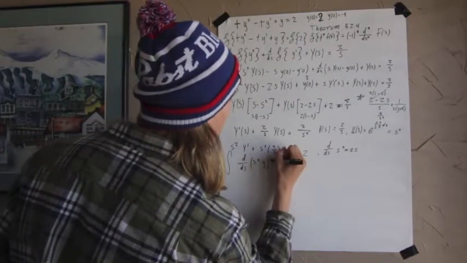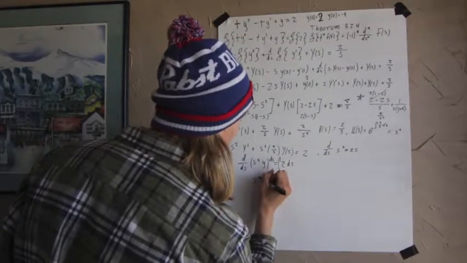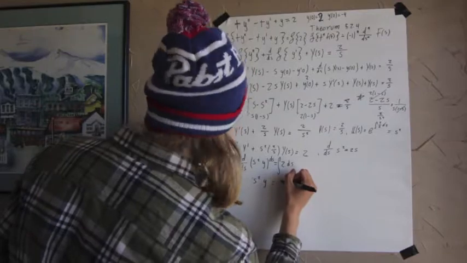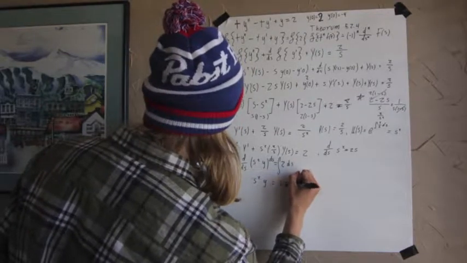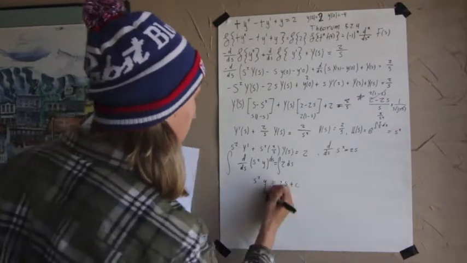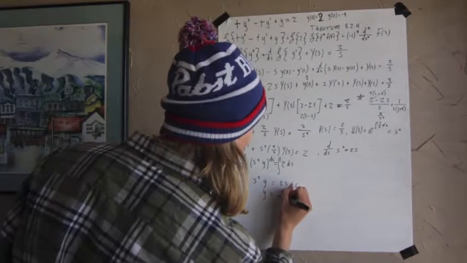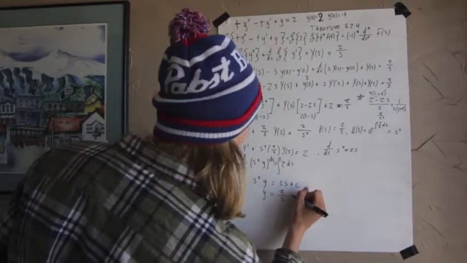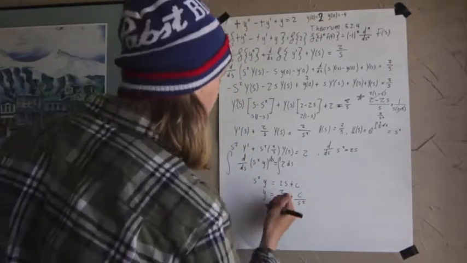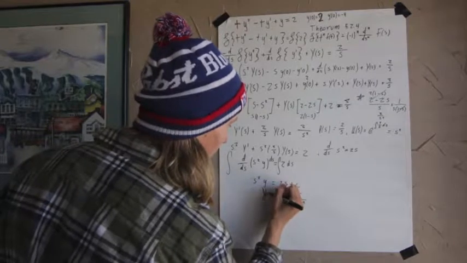Integrating both sides with respect to s yields s squared times Y is equal to 2s plus C. Nothing crazy there. Bringing s squared over, we have 2 over s plus C over s squared. Sorry about that, this is capital Y of s still.